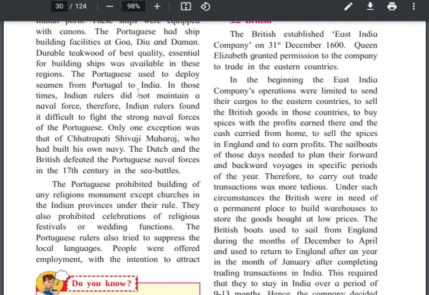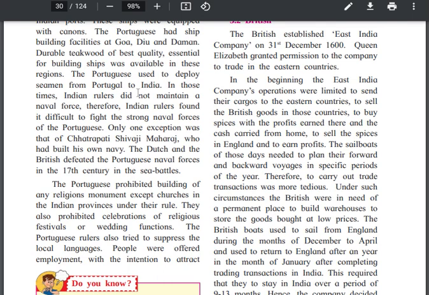The Portuguese prohibited Indians from building any religious monument except churches. Prohibition means putting a restriction: you Indian people cannot build religious monuments, you cannot make a temple. They also prohibited celebration of religious festivals.